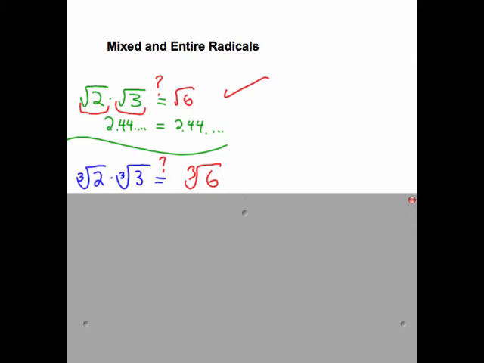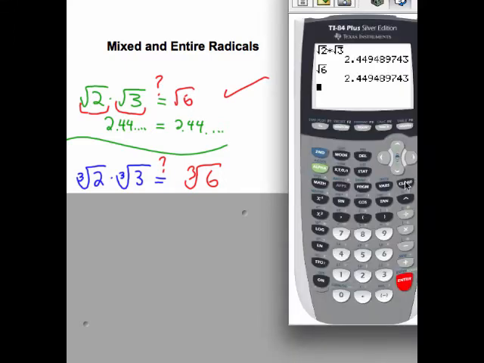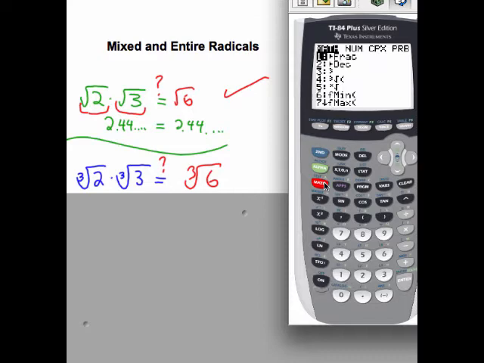So let's go off to our calculator to see our cube root button. Our decimal approximation is 1.82, and the question is, does that equal the cube root of 6?